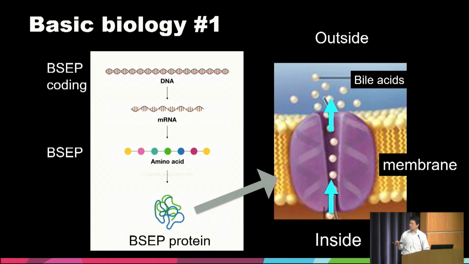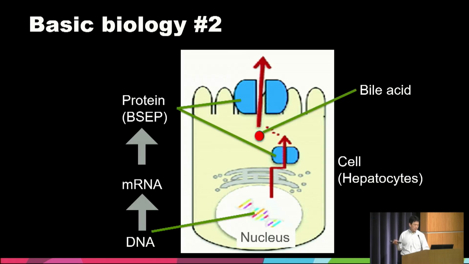The BSEP protein gets transported to the surface. So this is outside of the cell, this is inside the cell, and they export the bile acid. So when DNA becomes messenger RNA and becomes a protein, this protein needs to get trafficked to the surface of the cell to do its job.